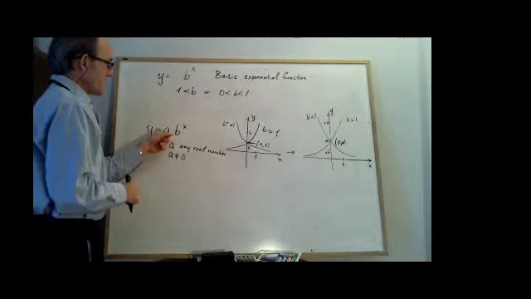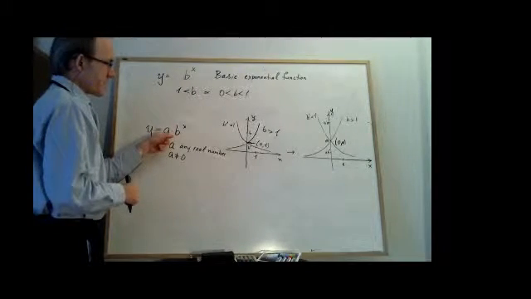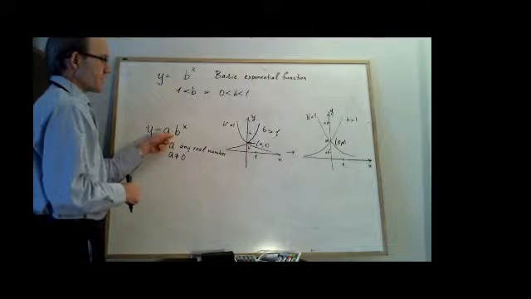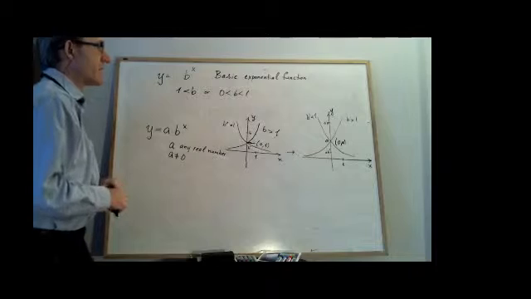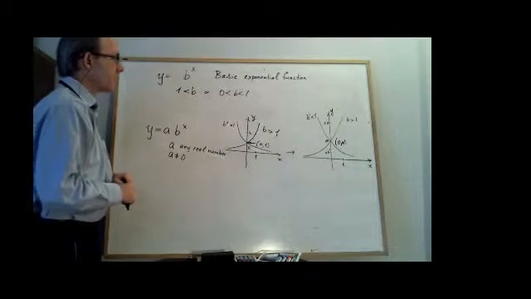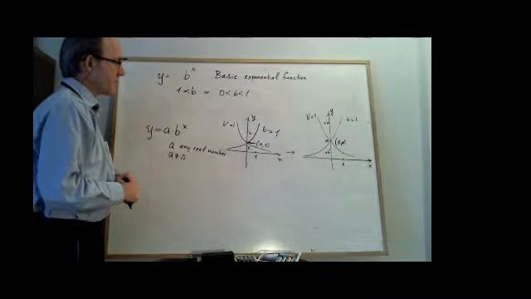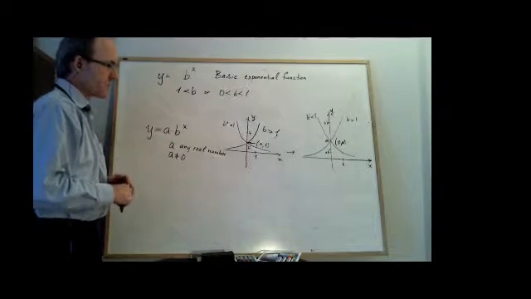And this we see is already a stretch or a compression in the vertical direction. So I'm just saying we can have all the varieties of transformations that we saw in chapter 3 here as well.